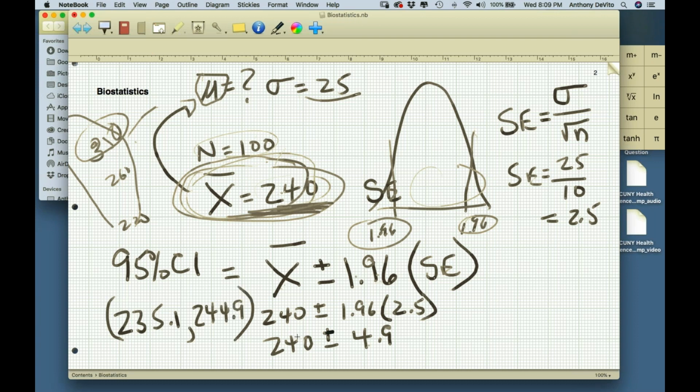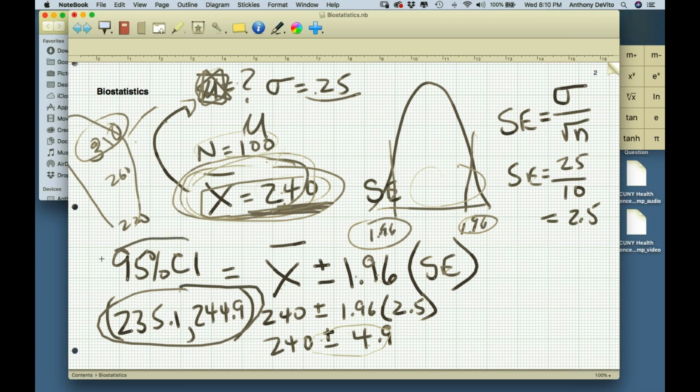So what I'm basically saying here is I'm never going to know what the population mean is, right? But I can predict that if I took a sample of size 100 from this population with a standard deviation of 25, there's a 95% chance that the true population mean, whatever that happens to be, is between 235.1 and 244.9.